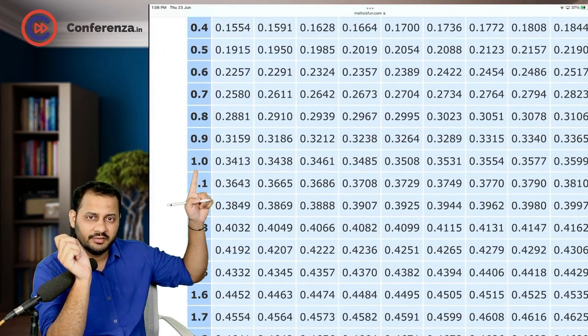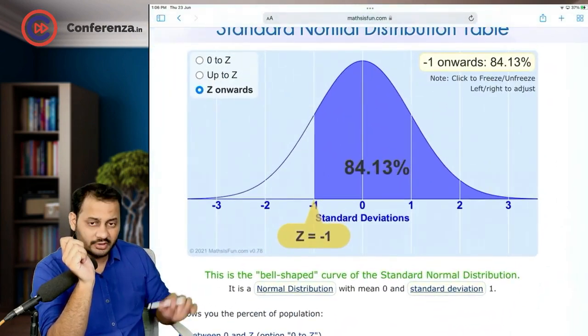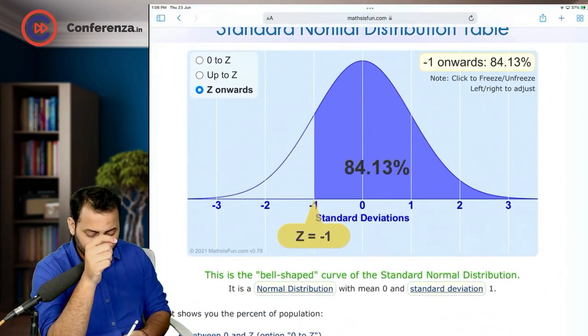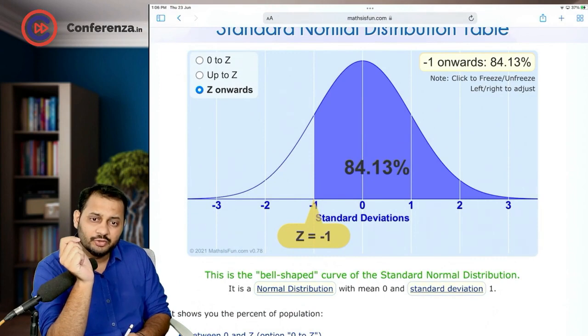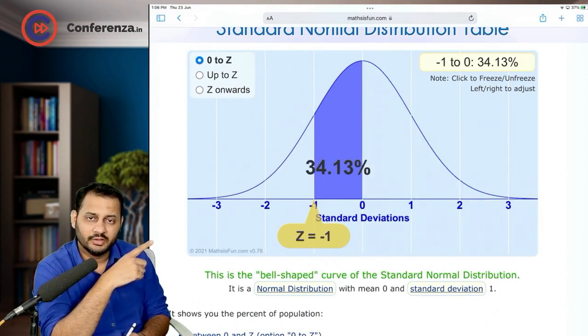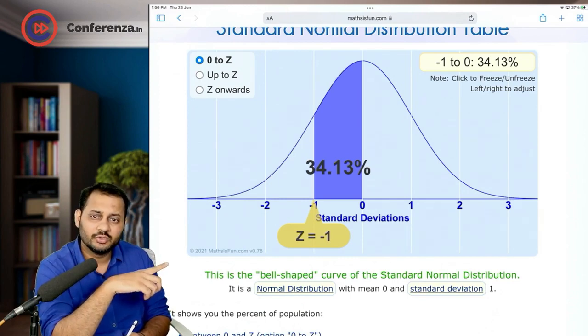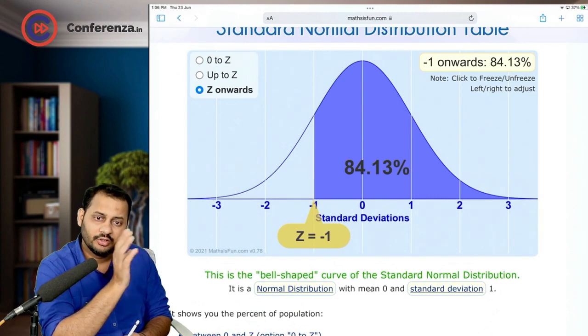But if you see this one here, this is the standard deviation. The probability or the area covered is 0.3413 only. Why 0.3413? Because the table that I am showing on this page considers the values from the mean. You can see 34.13. But if you consider the cumulative values for the same z-score, it will show you the total area.